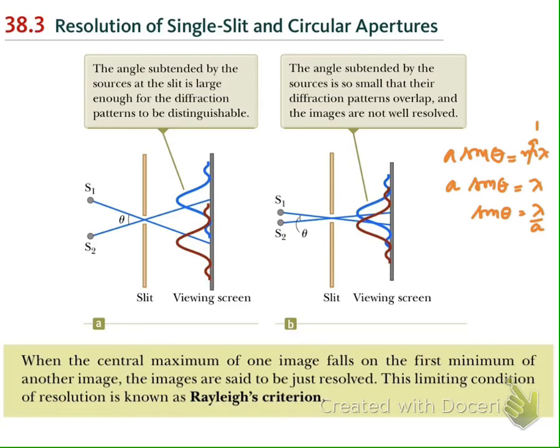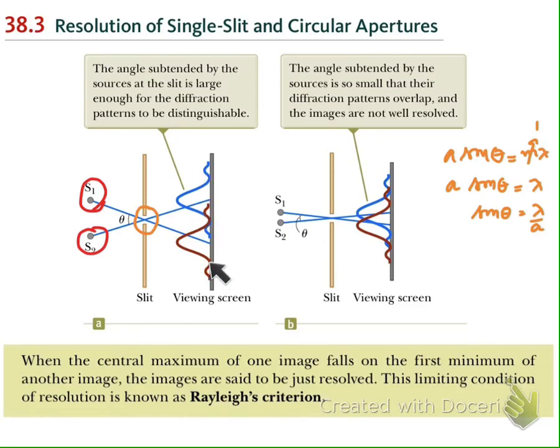And the problem is that if you have light from two objects that pass through a narrow slit, like when you look through a microscope, the light has to pass through the eyepiece, which is maybe a small hole, so it will produce a diffraction pattern. If you look at the two objects here, S1 and S2, the light from these two objects will produce a diffraction pattern on the screen.